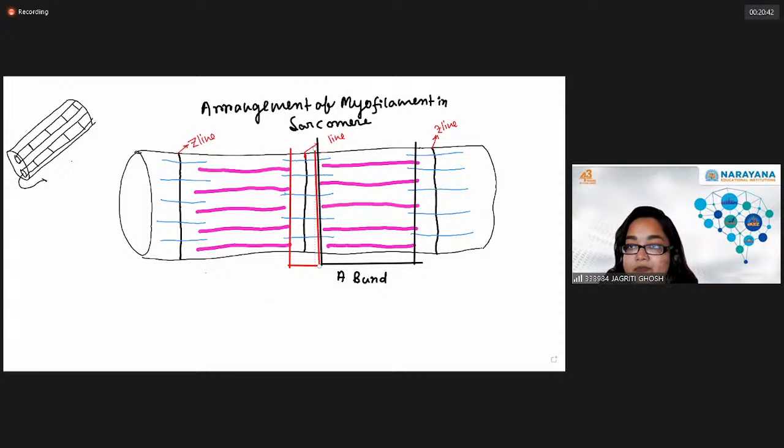Similarly, this is the thick filament, this is another thick filament, this is again a thick filament. So what is an I band? The I band is the portion where no thick filament enters the area of thin filament.